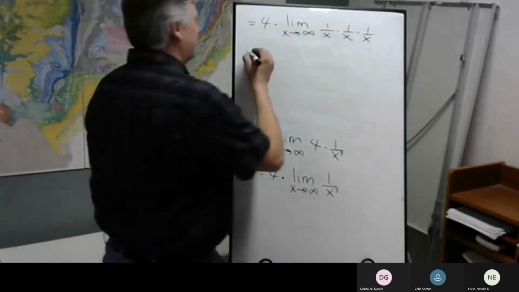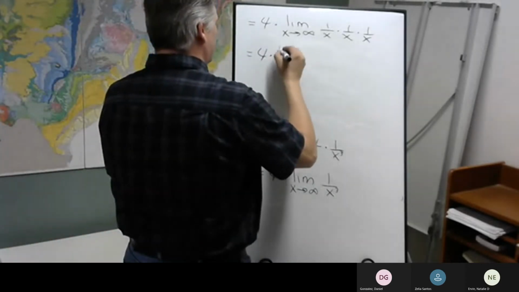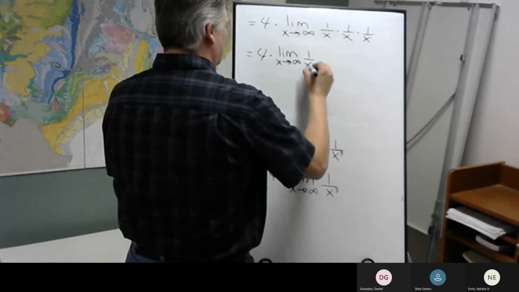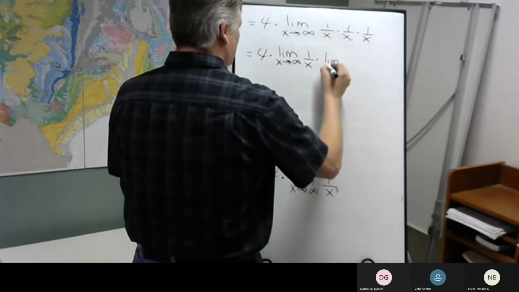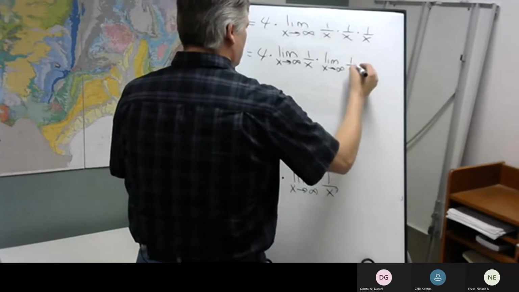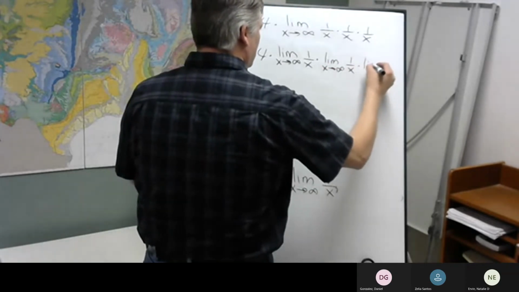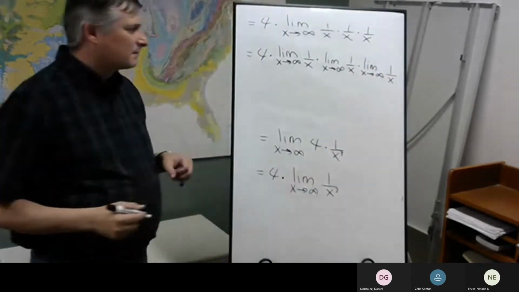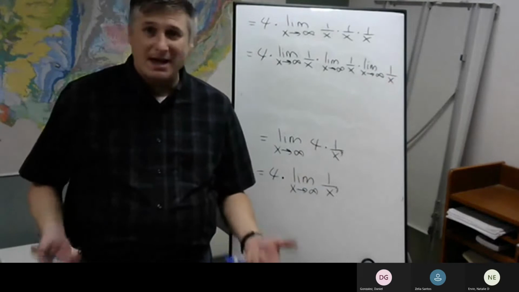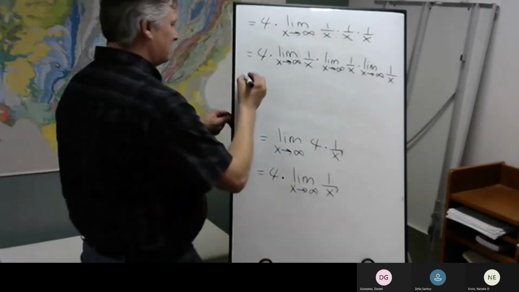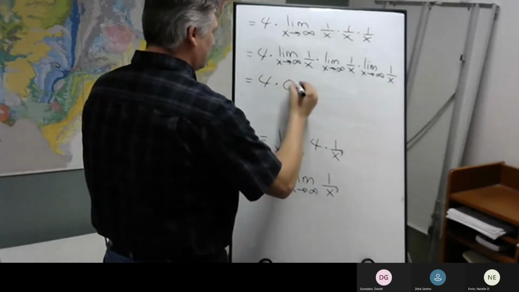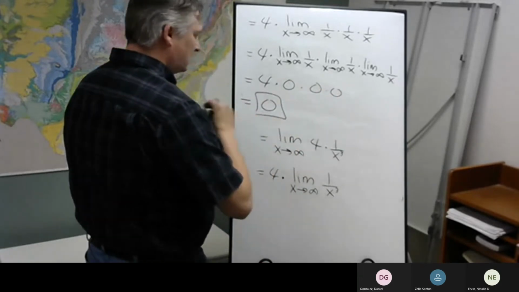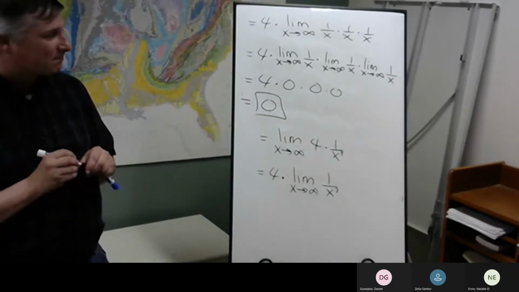So what we're going to get, and we know the limit of 1 over x as x goes to infinity, and that's going to give us 0.